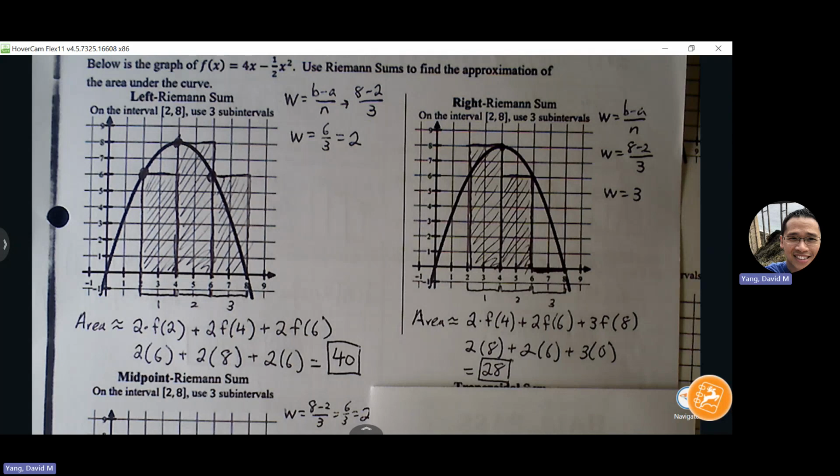But with midpoint and trapezoid, we're going to tell that midpoint is going to be better than left and right, and trapezoid is the best out of all of them, assuming that you're using the same subintervals. Obviously, you can improve left and right by adding more subintervals. Just have a general idea that trapezoid is best, midpoint is second best, and left and right are about equal.